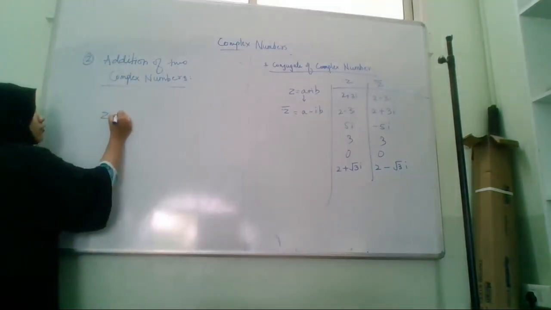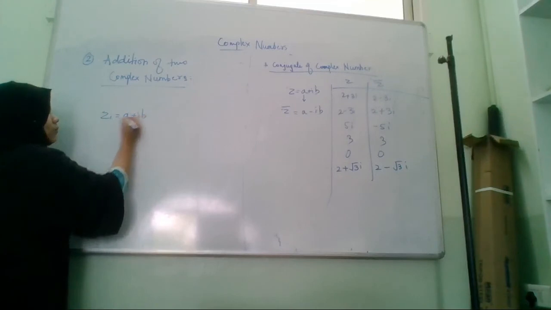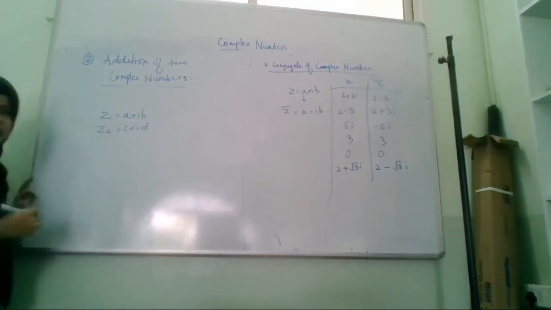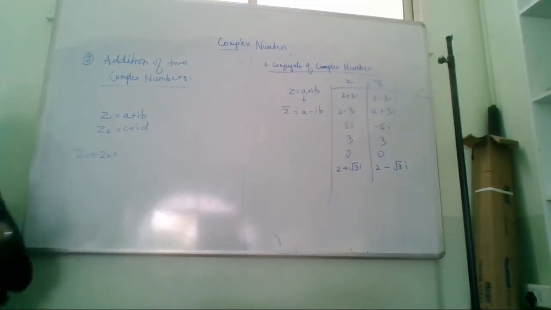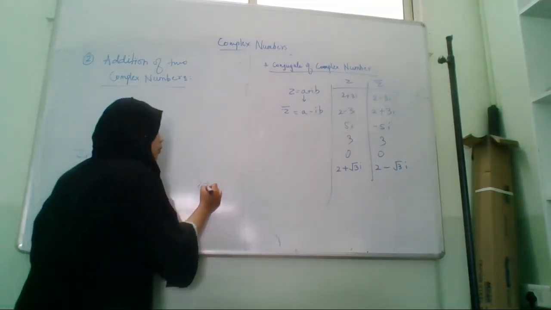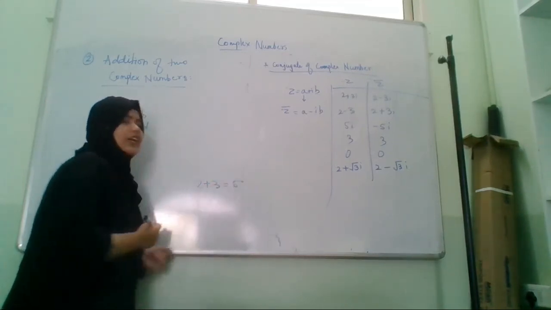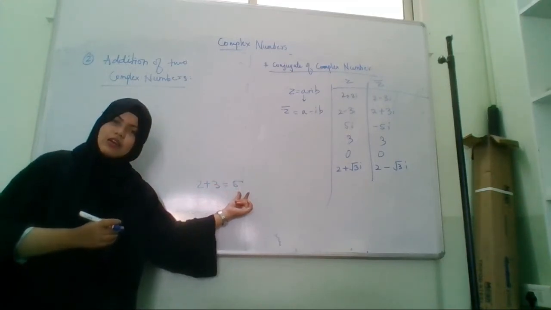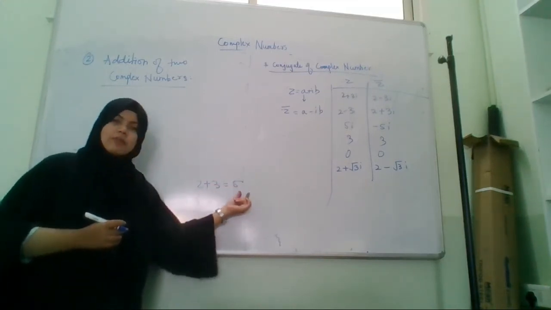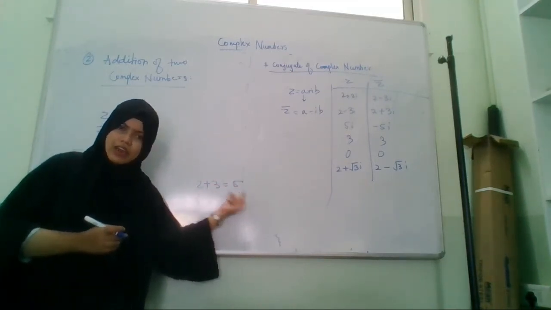Suppose you have the first complex number a plus ib and the second complex number c plus id. Then Z1 plus Z2. See, we know that if you take natural numbers, 2 plus 3 will again give you a natural number. Addition of two natural numbers will be a natural number again, right?